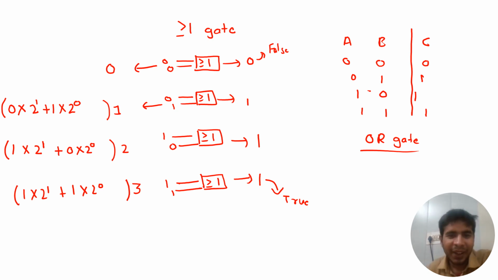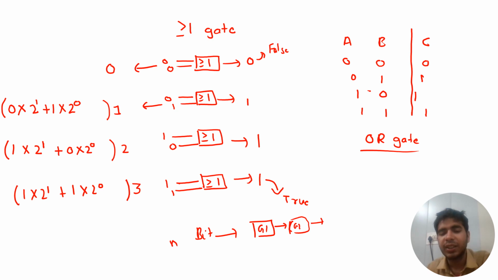So you might not get it by first understanding what the greater than or equal to 1 gate is, but after seeing the combination you will find that this is the OR gate. So using the combination of all these gates, suppose I have an n-bit input, I give it to gate 1, gate 2, and similarly to various gates to get the expected result.